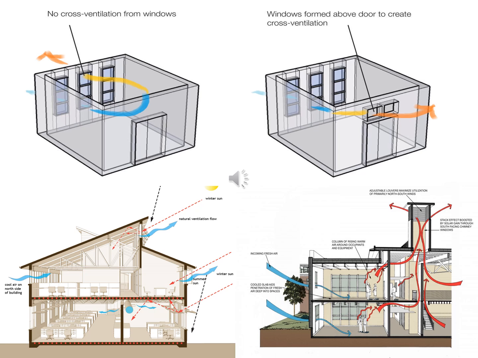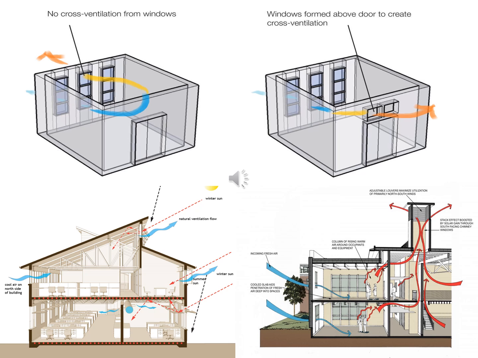The bottom right picture shows stack effect is created by the difference in the temperature between the air inside and the fresh air outside a building. The warmer indoor air rises up from lower areas and escapes through chimney windows, causing incoming fresh air infiltration through windows.